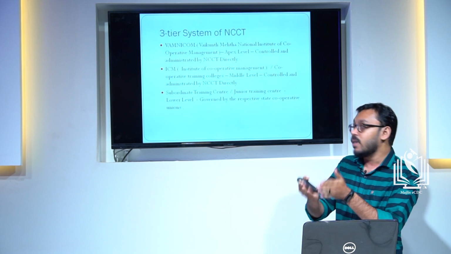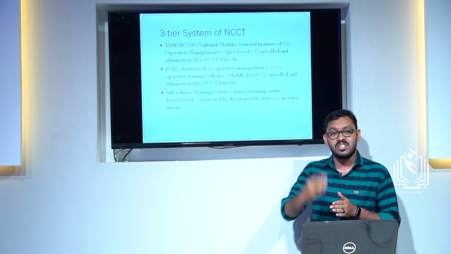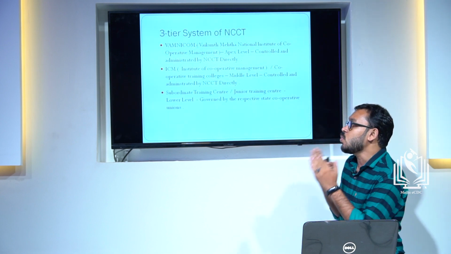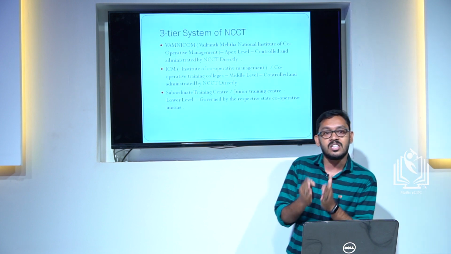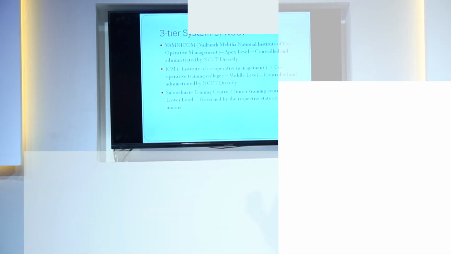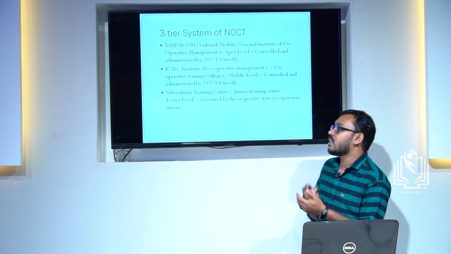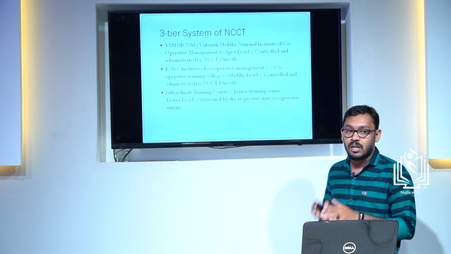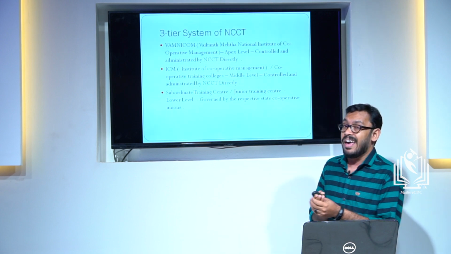These are in the middle level and these are controlled and administered by the NCCT directly. So, the first two tiers are administered and controlled by the NCCT directly, and in the third tier, it has the subordinate training centers or the junior training centers. This is at the lower level, which is governed by the respective state cooperative unions. So, these are the three tiers of NCCT.